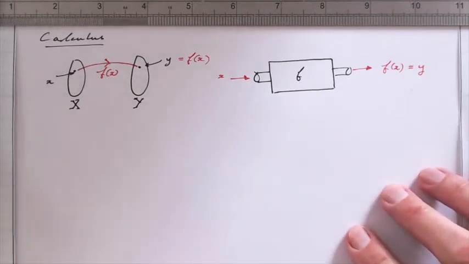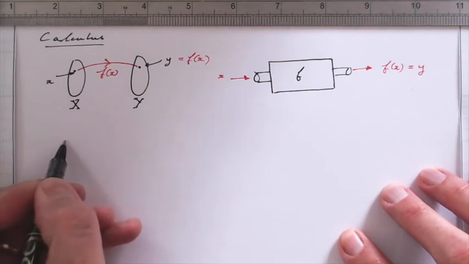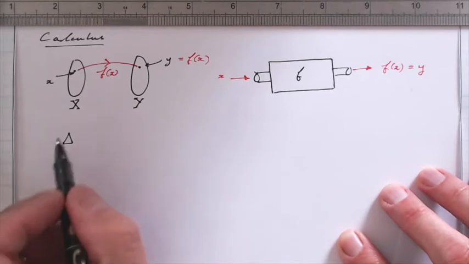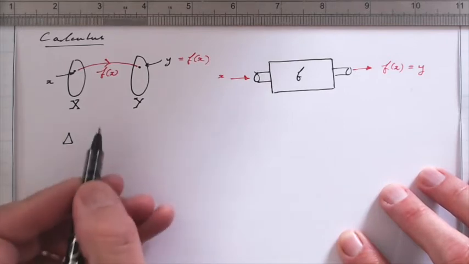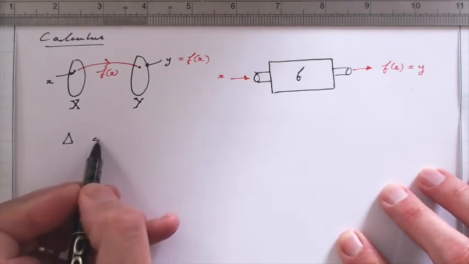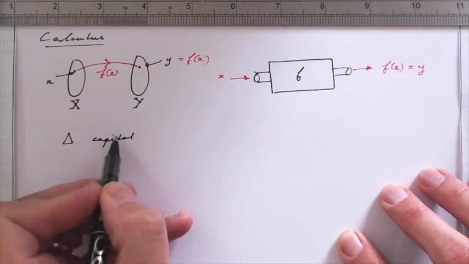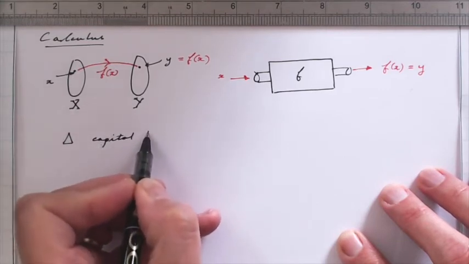Now, let's help ourselves symbolically by introducing this symbol delta. I think I might have mentioned this a couple of times in earlier tutorials. This symbol is a capital or uppercase delta, which is the fourth letter of the Greek alphabet.